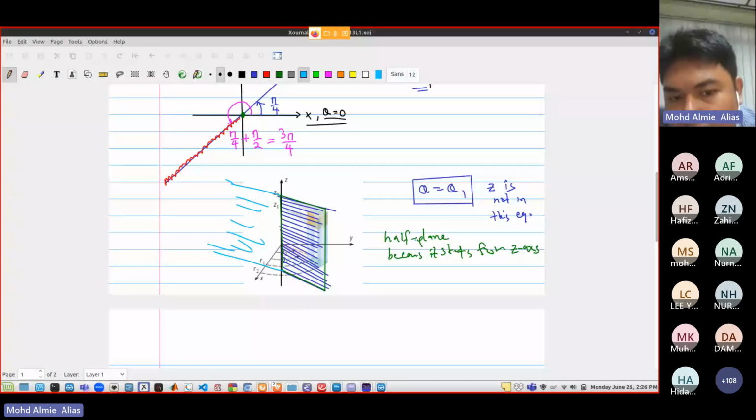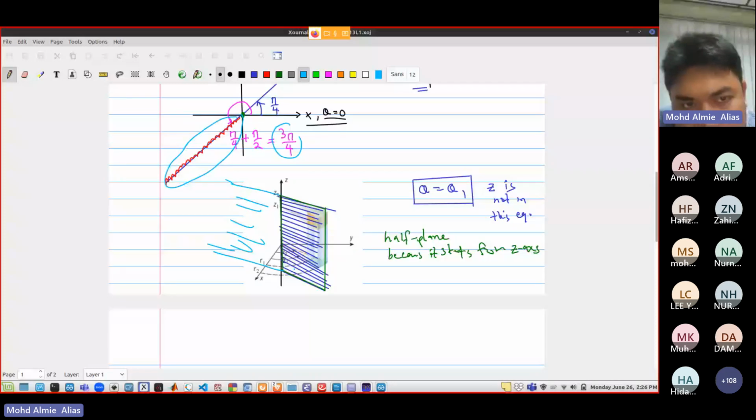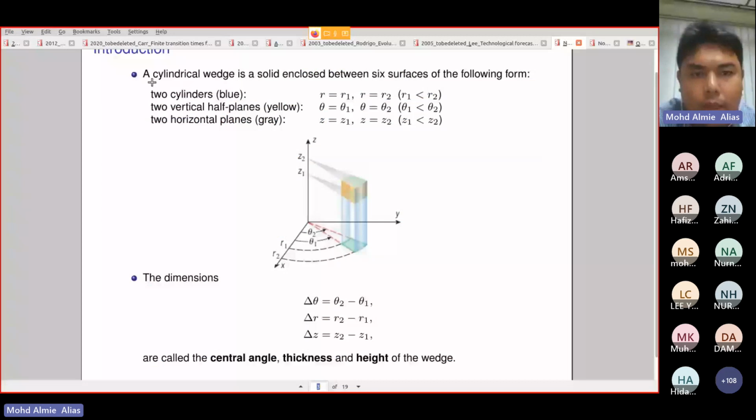But the angle is different in that case. If you take the other part here, then the angle is not pi over 4, it's actually 3 pi over 4. That's why you don't include this part. You just take this half and not the other half. This one is called a half plane. So here you have two vertical half planes. Why two? Because the first is for theta 1 and the other is for theta 2.